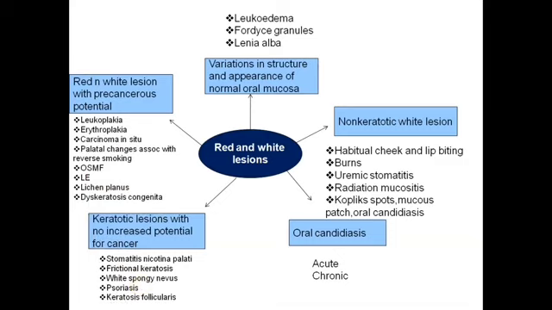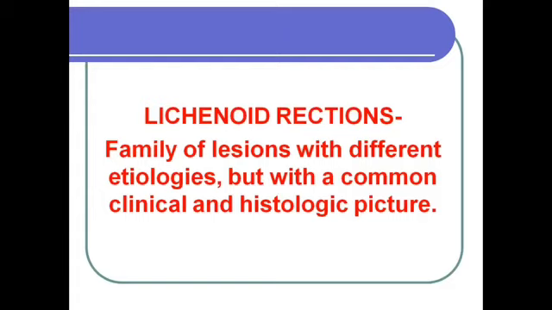Whereas red and white lesions with precancerous potential are leukoplakia, erythroplakia, carcinoma in situ, palatal changes associated with reverse smoking, OSMF, lichen planus, and dyskeratosis congenita. So this is the classification of red and white lesions.